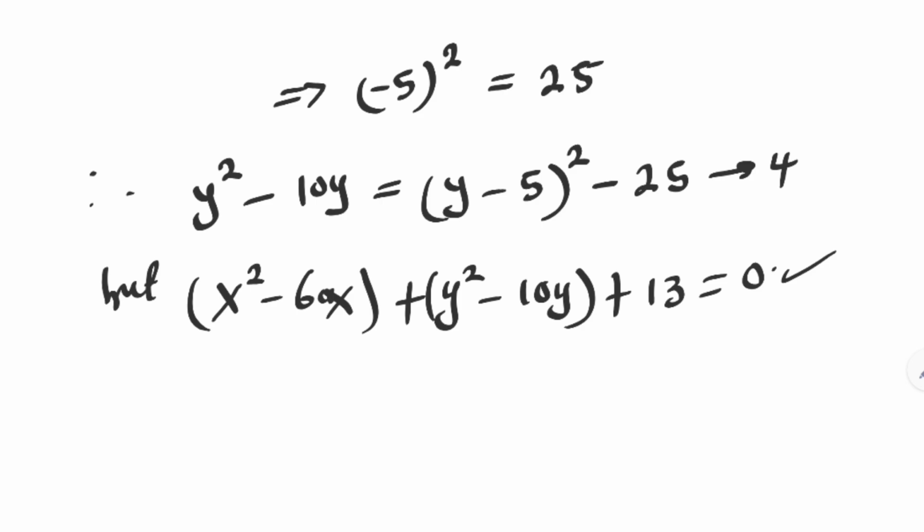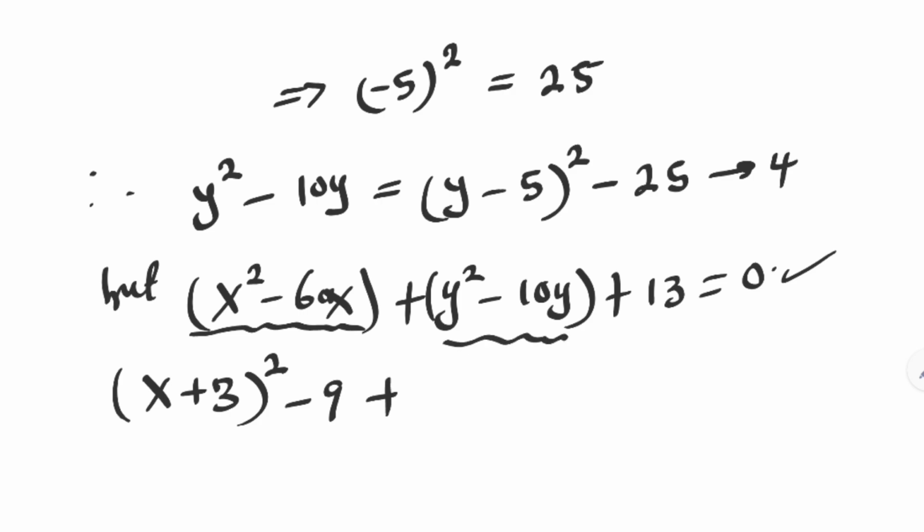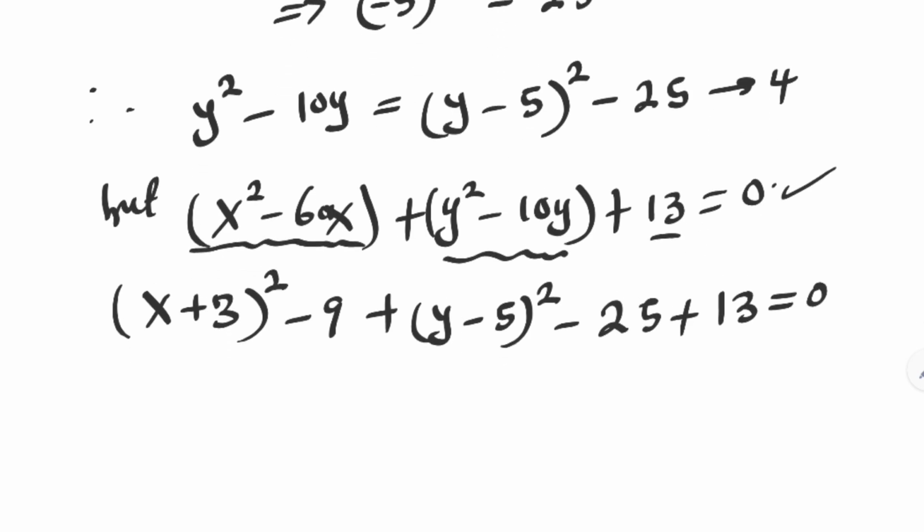Then we have (x plus 3) all squared minus 9, plus (y minus 5) all squared minus 25, plus this 13 is equal to 0.